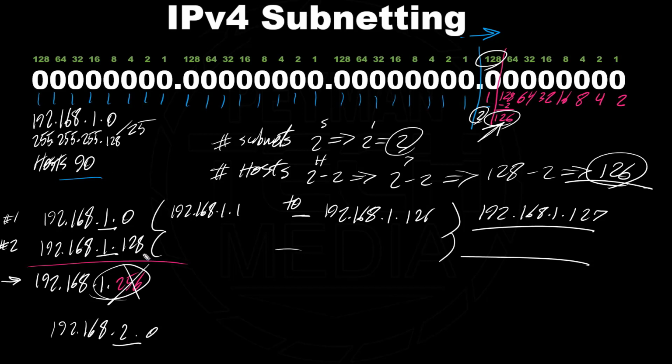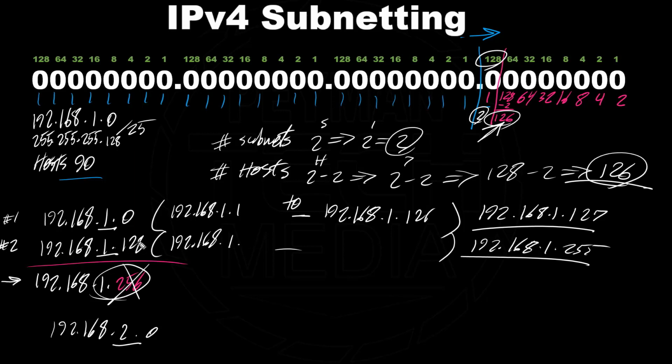For the next subnet, the broadcast here would be 192.168.1.255. That's the last IP address, right? If we add one IP address, it will be 256. We don't have 256, so it will be 0, adding to this one, 2, 192.168.2.0, which we see here. So that's the broadcast for this subnet. And the first usable is 192.168.1.129, because 128 is the network address.